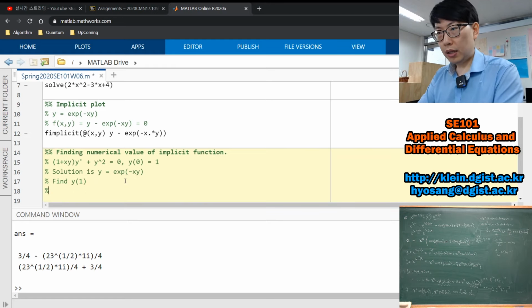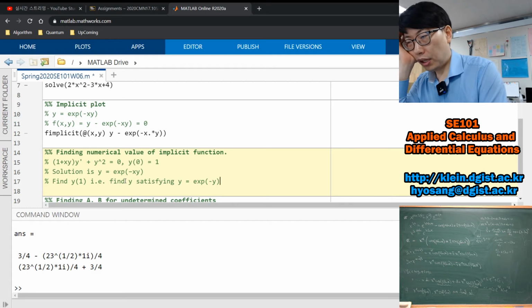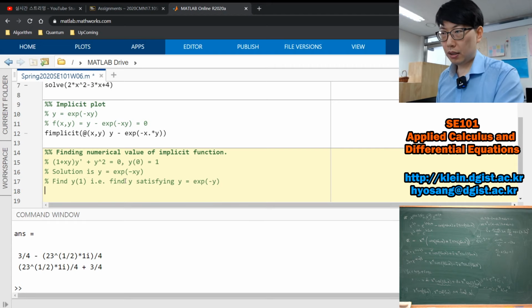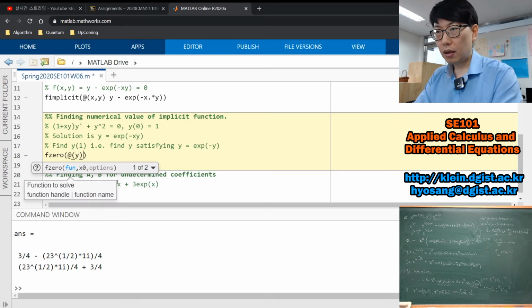So that means I need to find y satisfying y equals exponential of minus y, right? You can guess that this equals the y coordinate of the point where the straight line and the exponential graph intersect each other. There are other methods to find this, but one way is to use fzero.